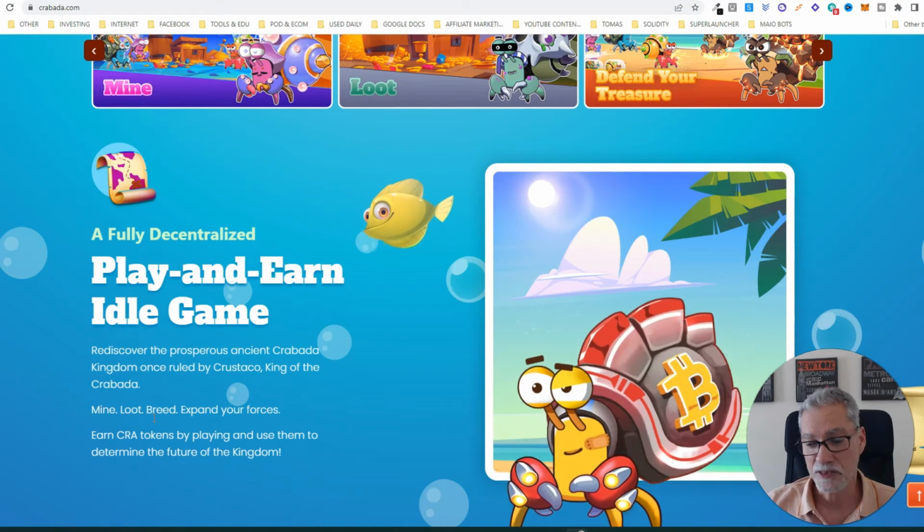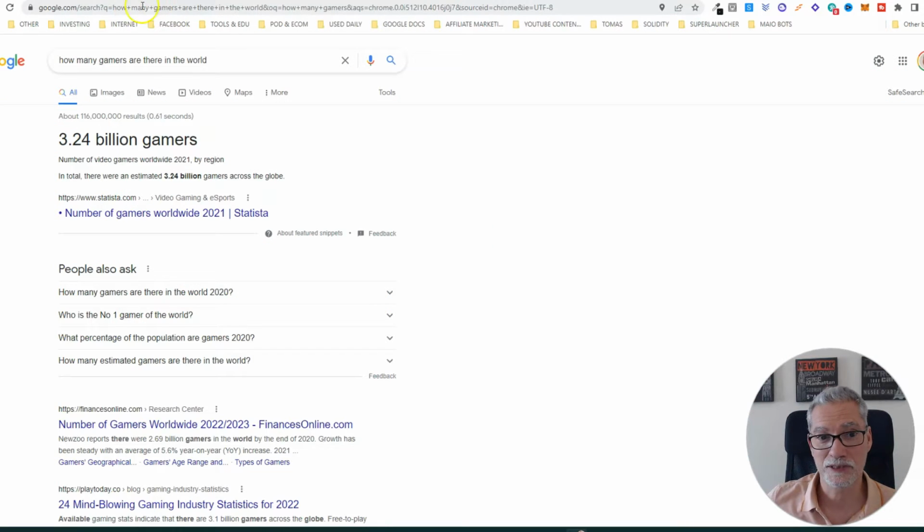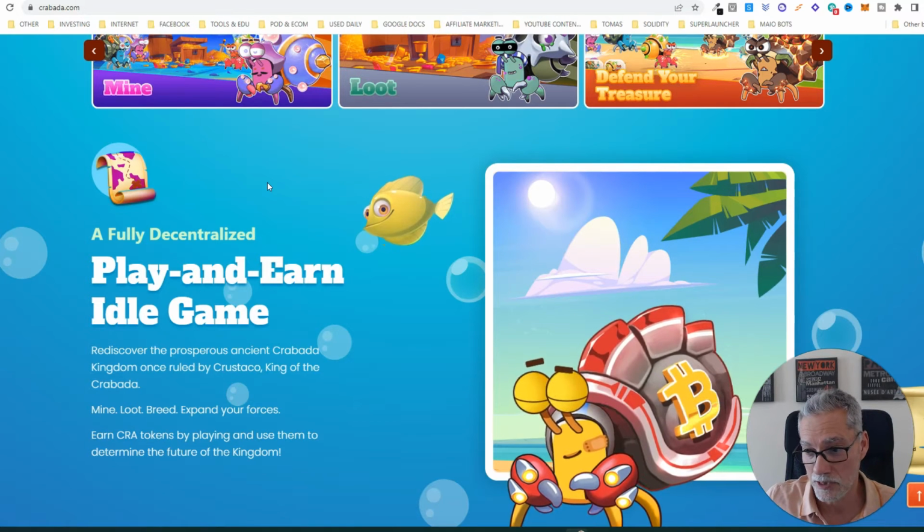So how many potential users are there? If you do a simple search on Google, you will see that there are more than 3 billion gamers in the world, and the majority of these gamers are traditional gamers. So imagine just bringing a small percentage of these traditional gamers to the blockchain. The potential is absolutely immense.